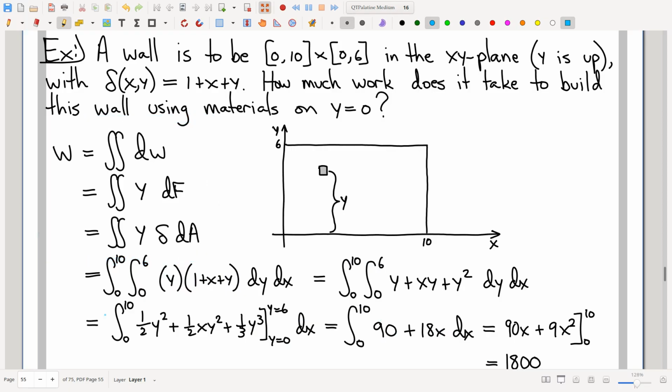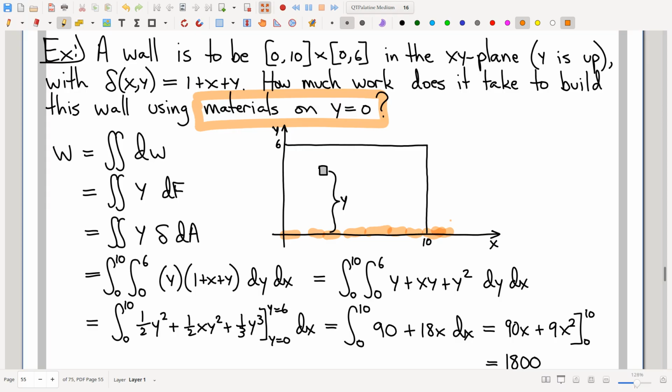So, okay, what's going on here? We're going to build a 6 foot tall, 10 foot wide wall made up out of materials that are currently sitting on the ground. A bunch of bricks sitting there on the ground. And there's a lot to do when you build a brick wall, right?